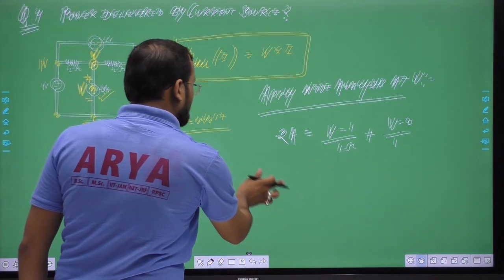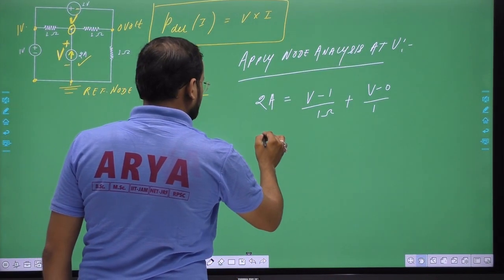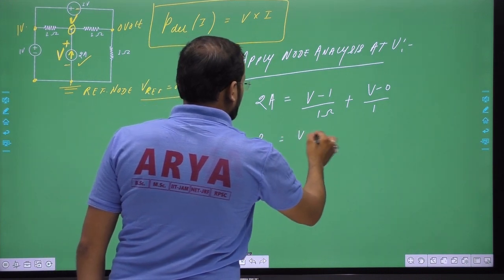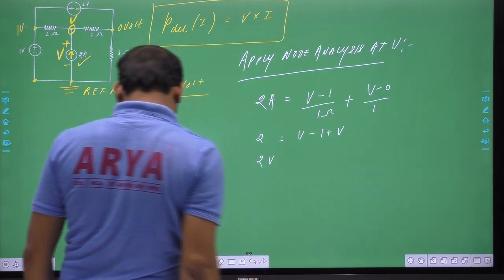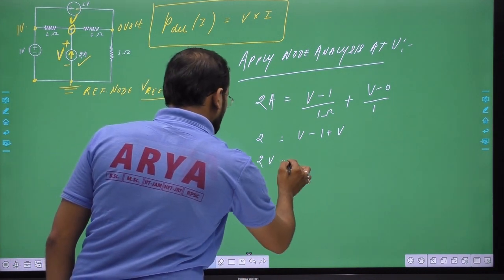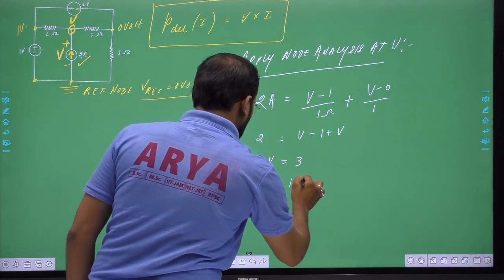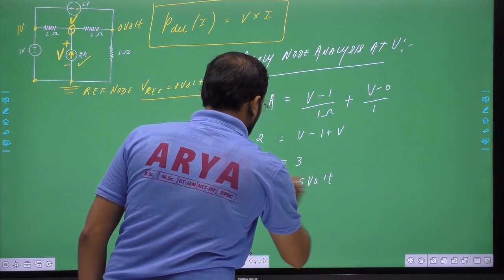What is the value? It is 2 ampere. So V minus 1 plus V equals 2, so 2V is equal to 3 and V is equal to 1.5 volt.